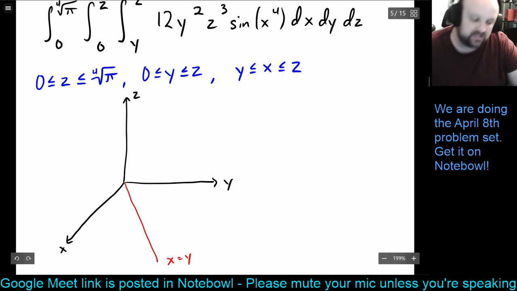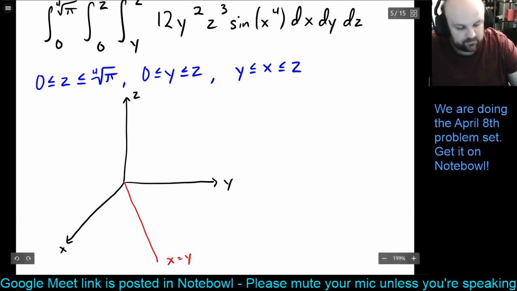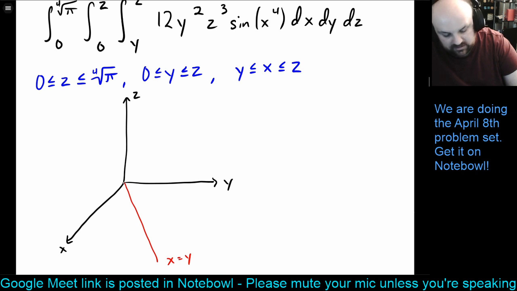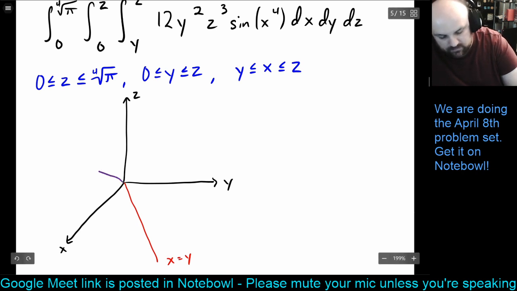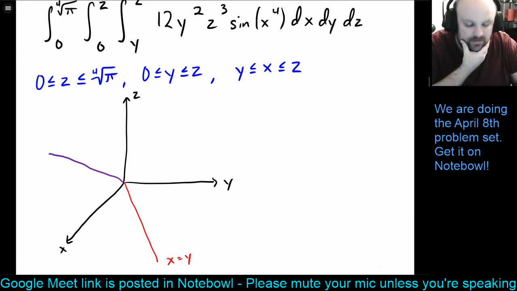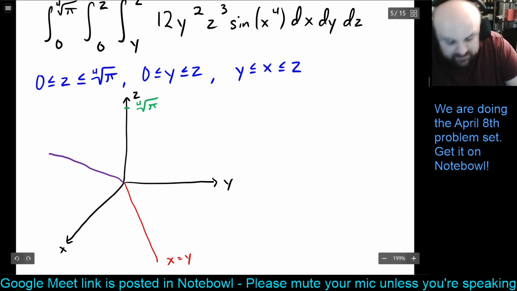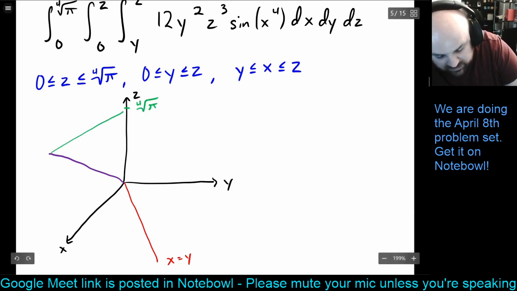I'm just going to draw that line there, and we'll see what we can build up in a second. x equals z is, let's draw it there. And then we're cutting off here. Let's say this right here is the 4th root of pi, whatever that happens to be. So we're going to cut off there.